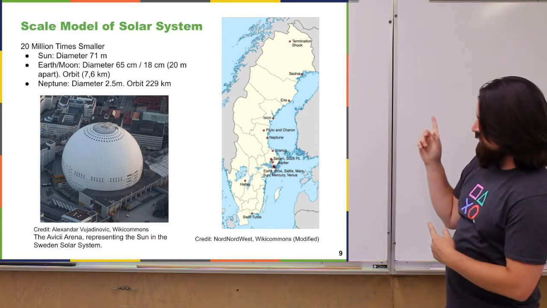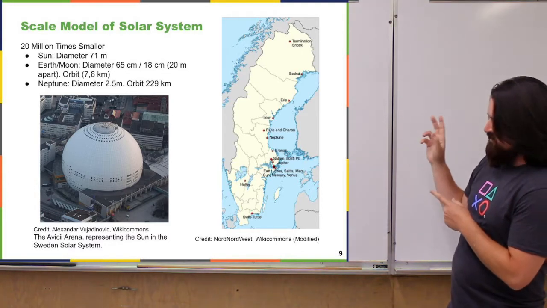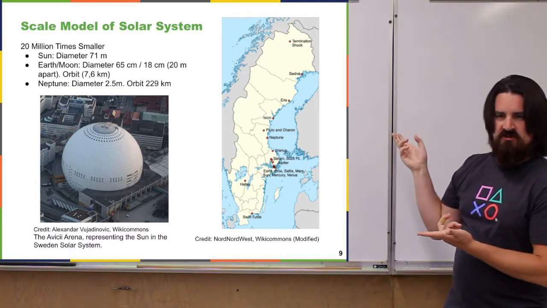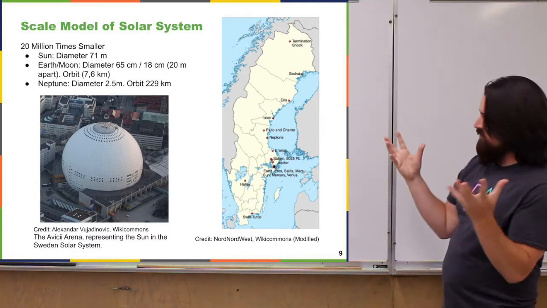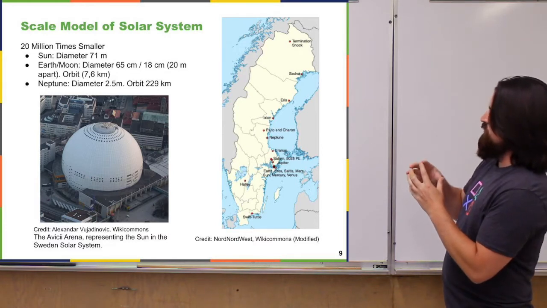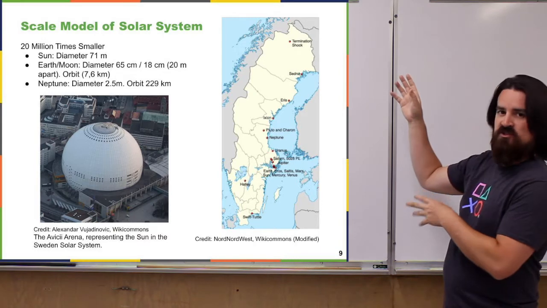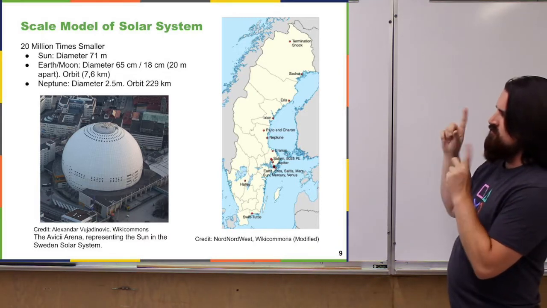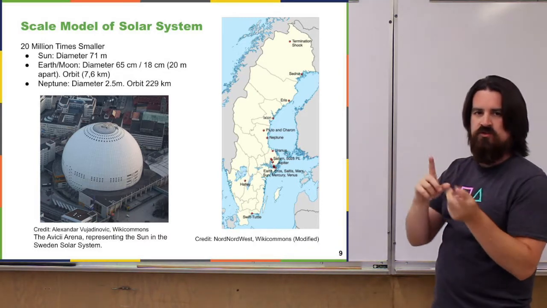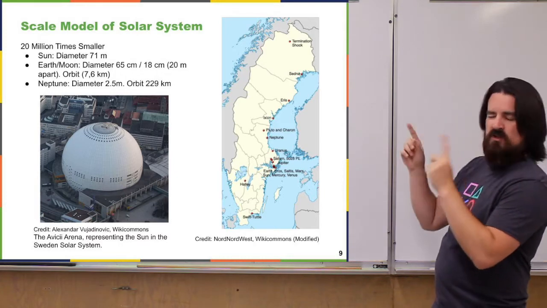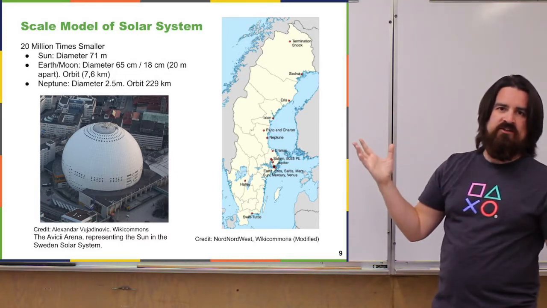One of them is known as the Sweden Solar System, so it's in Sweden, and the model actually goes throughout the whole country. This model of the solar system is 1 to 20 million scale, meaning that it's 20 million times smaller than our actual solar system.